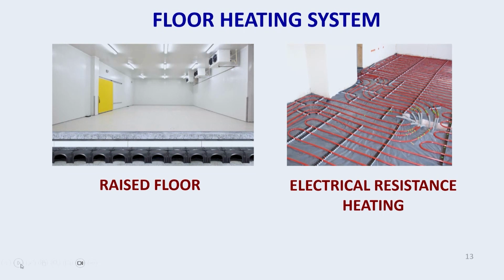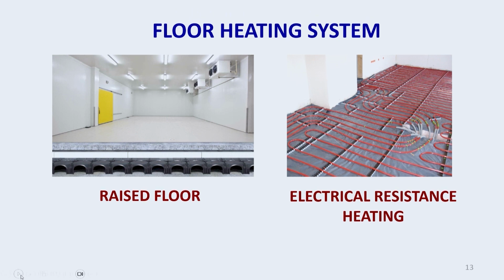The photograph on the left represents this type. The floor is raised above the ground level, slightly higher than the soil, so that gases from the soil do not escape into the floor.